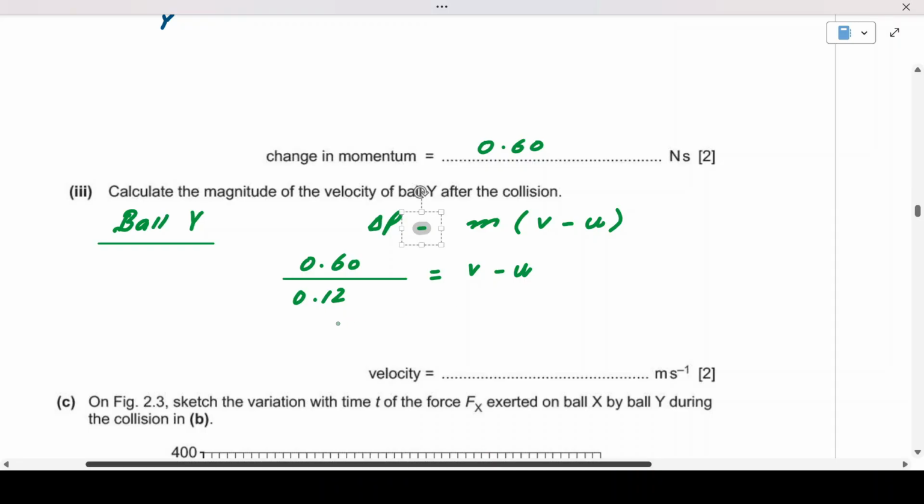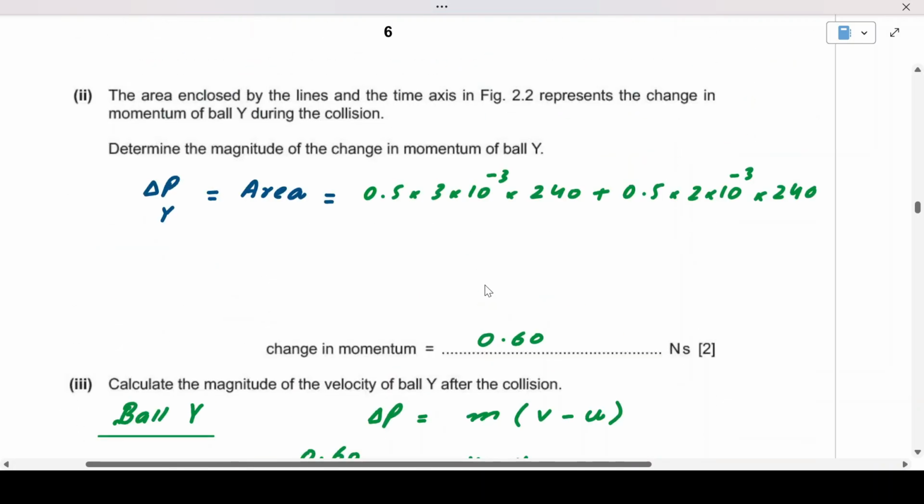Let me divide this one first. 0.6 divided by 0.12. We get 5. 5 equals to v minus u.